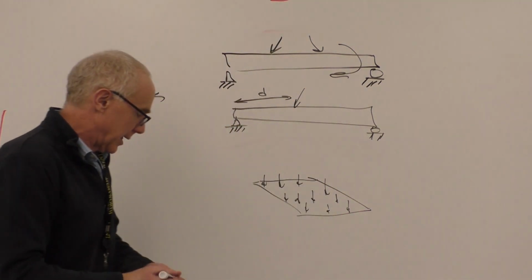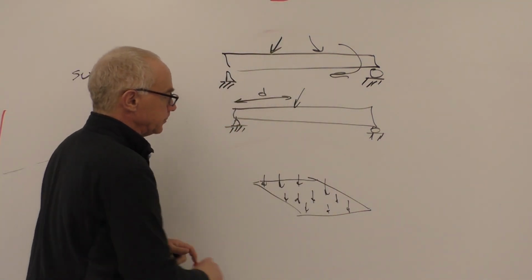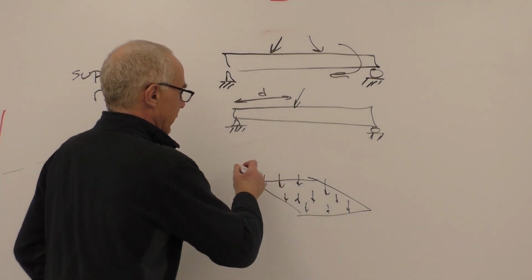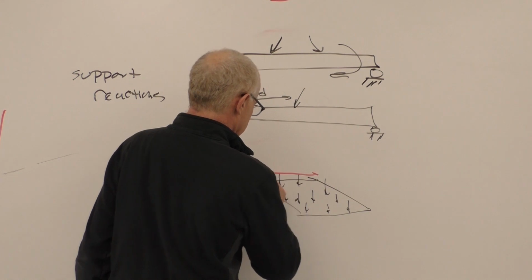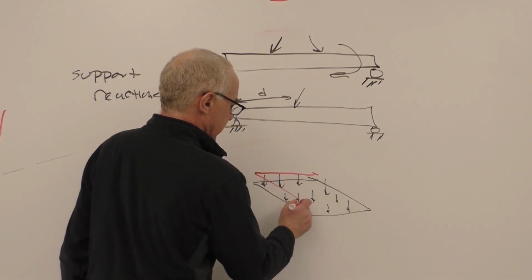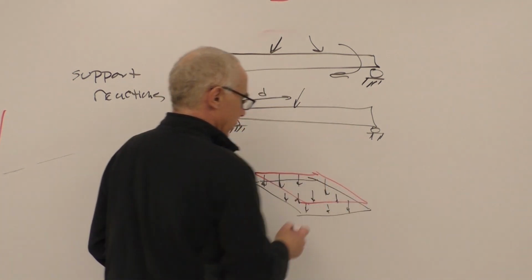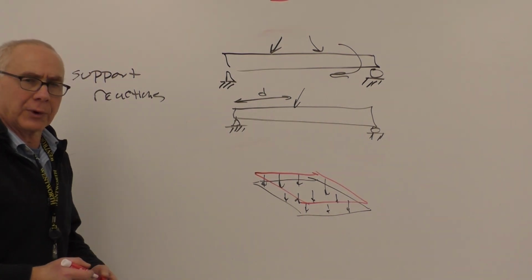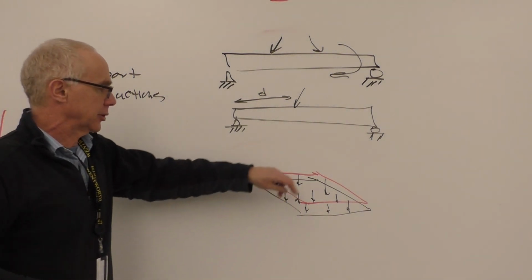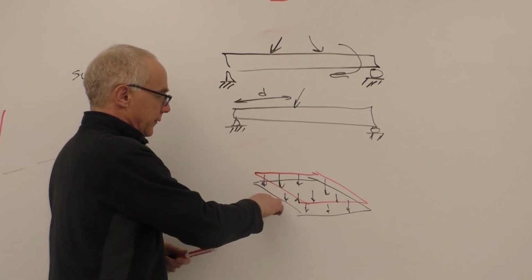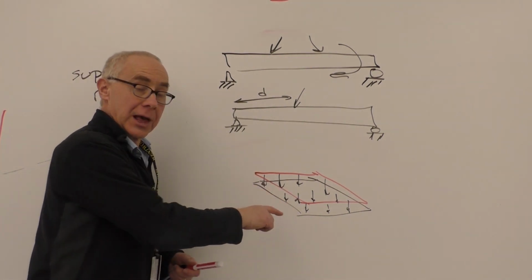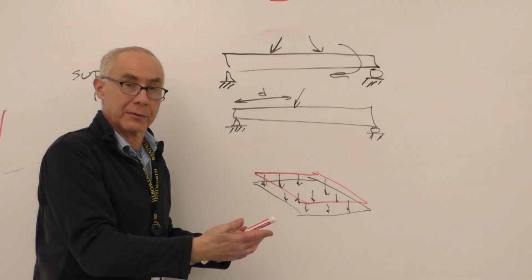We can represent that as a surface overlying this thing, and it does not necessarily have to be a flat surface. That red line essentially represents the downward force, and the height of it relative to the surface itself is proportional to that force.